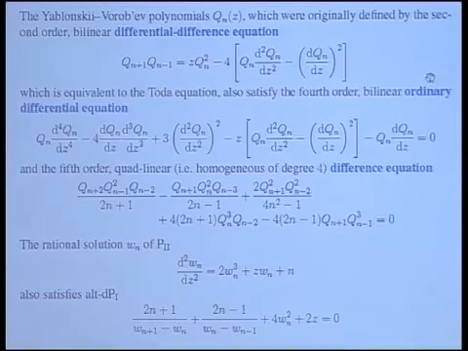But you can also show they satisfy a fourth order nonlinear ODE and a fifth order quadrilinear difference equation. And also the rational solution of Painlevé 2 here also satisfies an alternative dP1 given here. So that is the link between the solutions and the difference equations.